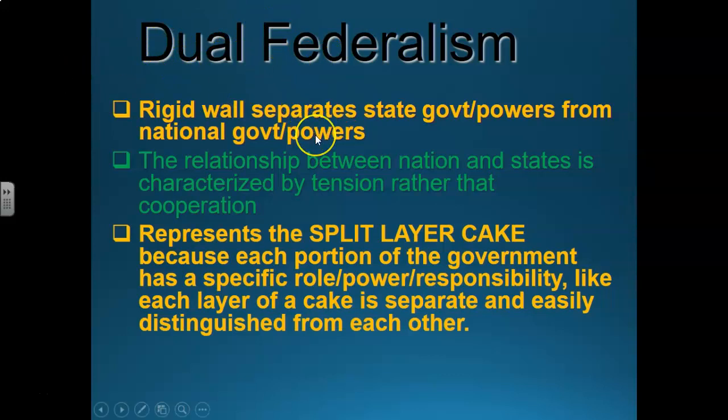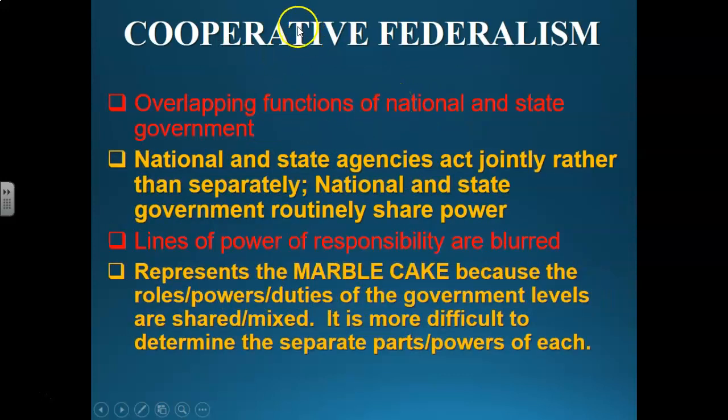Once the Great Depression hit, the federal government started doing things that normally the states were doing. And so we switched to something called cooperative federalism. In cooperative federalism, you start having both the national and state government doing things. The national and state governments act jointly.